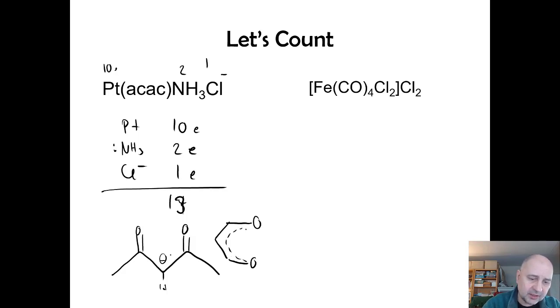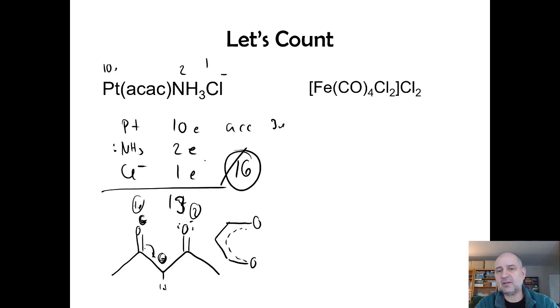So one way to look at it is you have this negative charge, which can delocalize if you wish, so a monoanionic 1 electron donor, and then a neutral 2 electron donor, but it's overall 3 electrons, so the ACAC is 3 electrons, which gives us a 16 electron species.